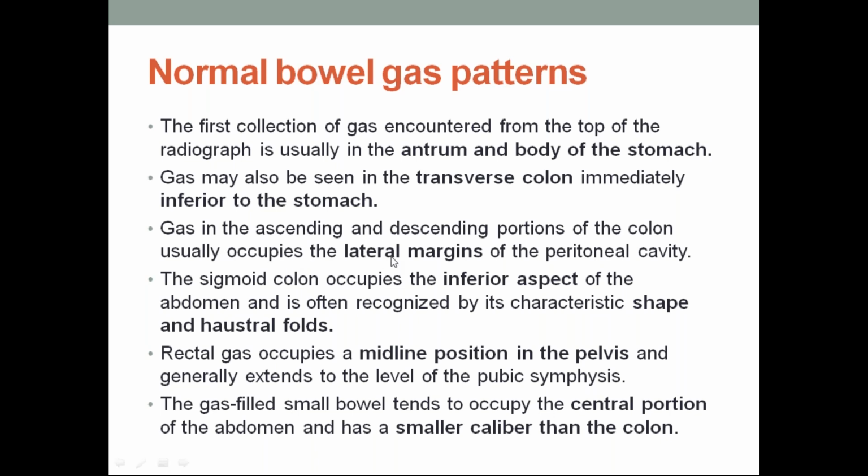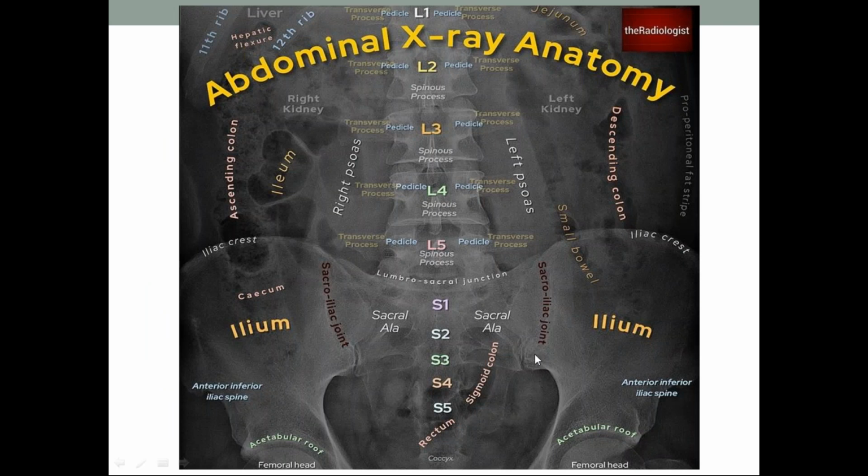If you look here in this image, these are the lateral sides of the abdominal radiograph. This is the descending colon and this is the ascending colon. Then this is the hepatic flexure, and we will see the splenic flexure here.